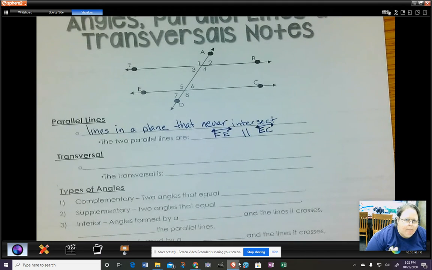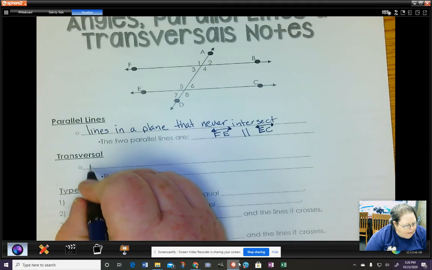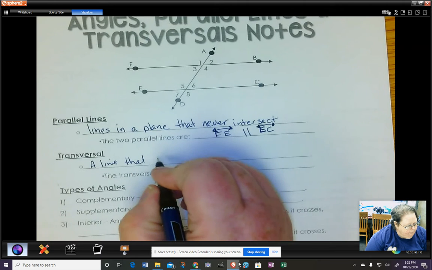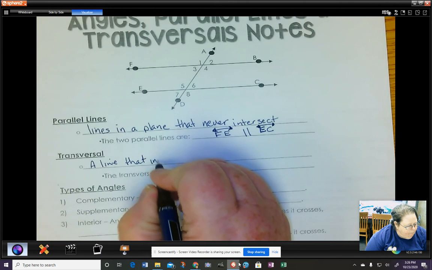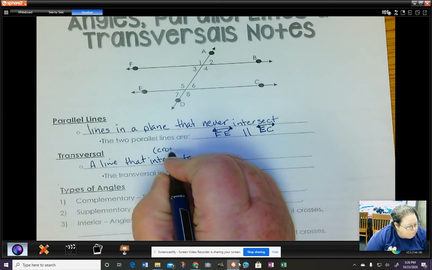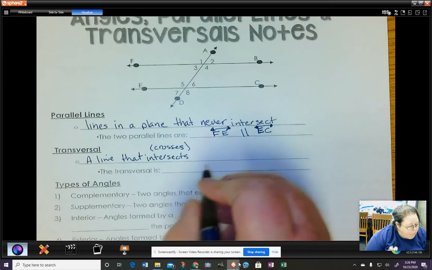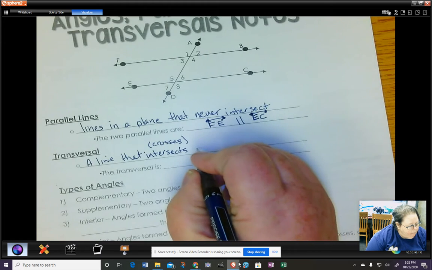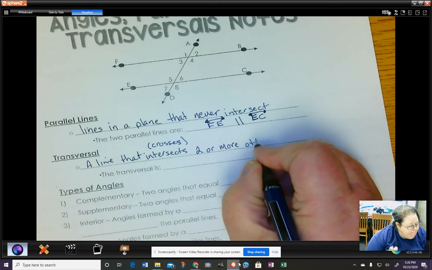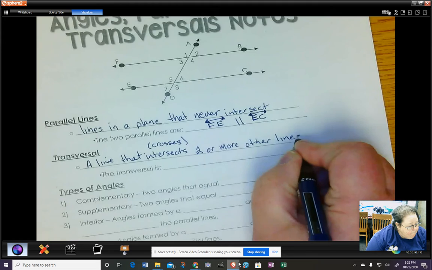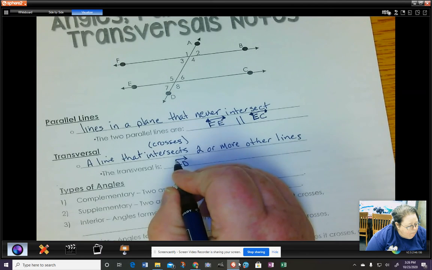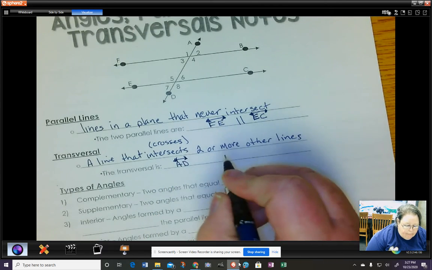Okay, so we knew that. So a transversal is a line that crosses or that intersects two or more other lines. Line AD is a transversal.